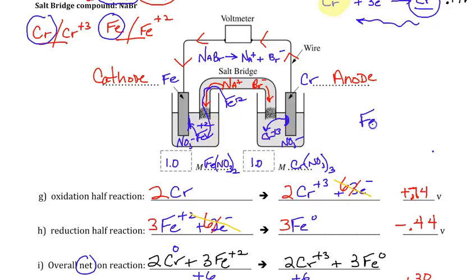Isn't that iron chloride, and what was the compound in the beaker? Iron nitrate. Aren't these common ions? Yes. They both have what? Iron +2 in them. So by adding a common ion, the same charge, this one's +2, so is this one, I'm increasing the number of iron +2s.